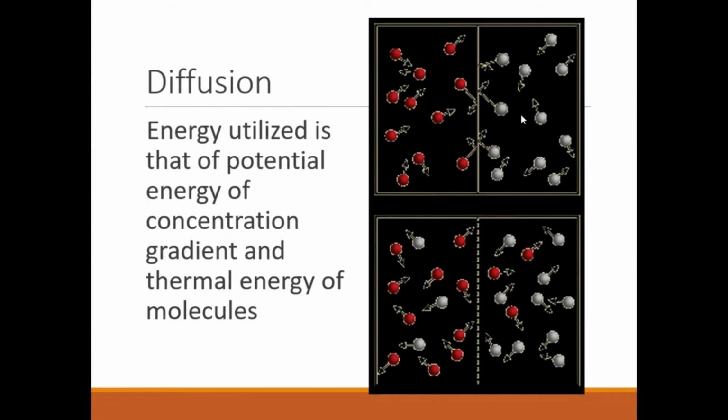As we let that passively diffuse across that membrane, we will see the reds move from left to right in the direction of their concentration gradient, as if the white ones weren't even present. And we will see the white ones move from right to left along their concentration gradient, as if the red ones weren't present.